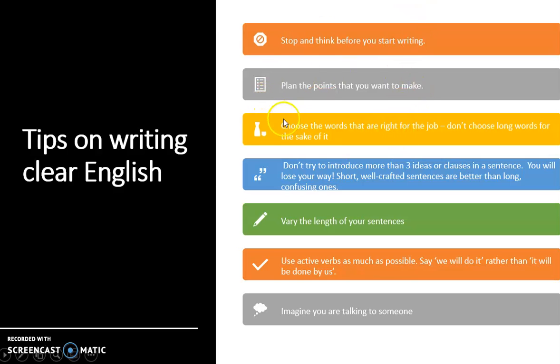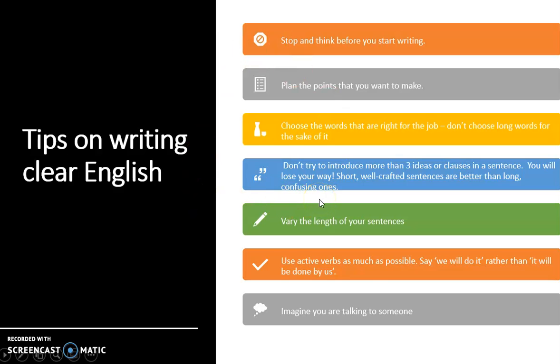Thirdly, choose the words that are right for the job. Don't choose long words just for the sake of it. We're going to return to that point throughout the lesson. Don't introduce more than 3 ideas or clauses in a sentence. You will get lost. Your sentences will get very long and unwieldy and complicated. You'll lose your way.